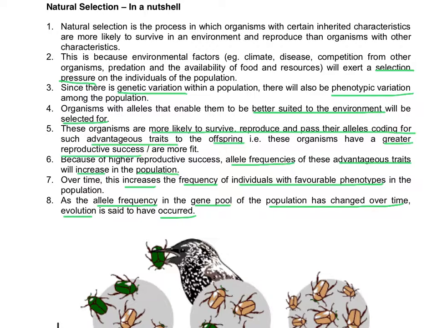So they are preyed upon. And because of the higher reproductive success, the frequency of the allele coding for the brown colored body will increase. So you follow through that. You just need to adapt to that context.